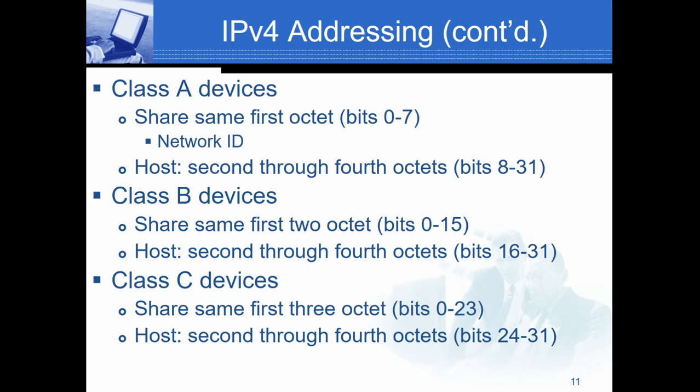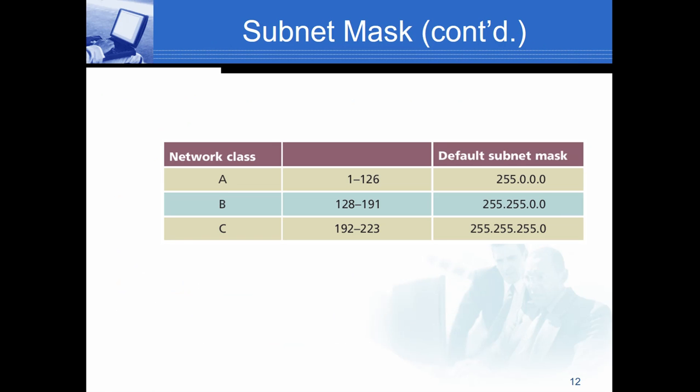Class A shares the first bits 0 to 7, Class B the first 15, and Class C the first 24. When I said 15, it's 0 to 15, so it really should be 16 altogether. And these are your Class A networks and their subnet mask.